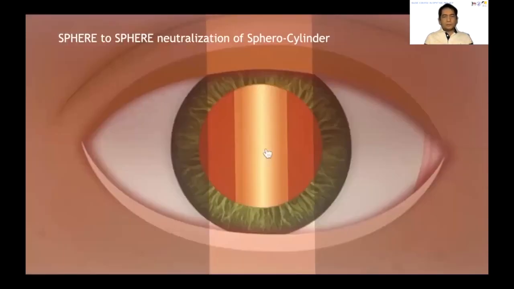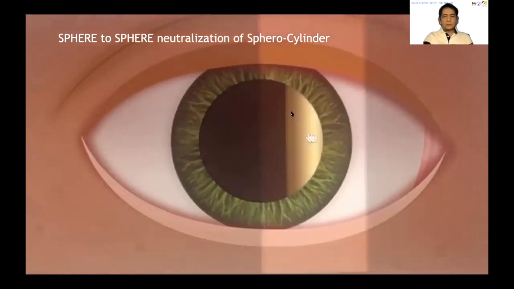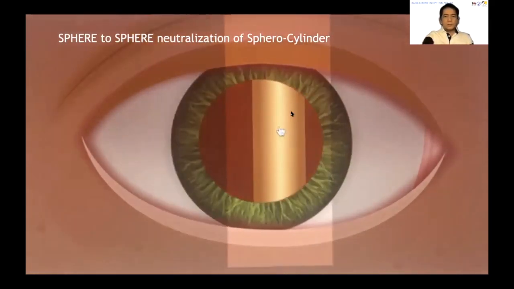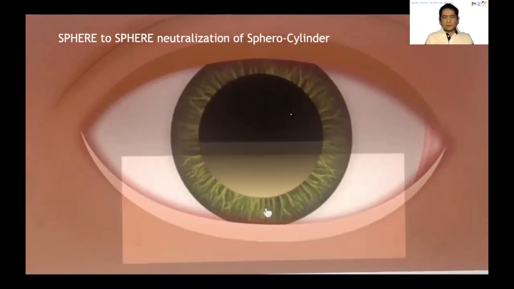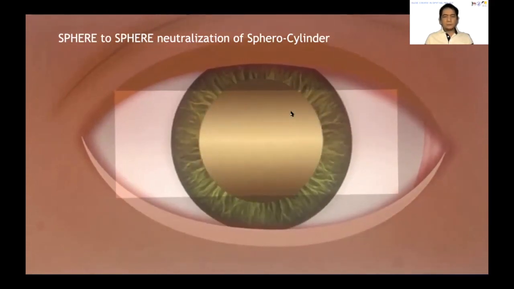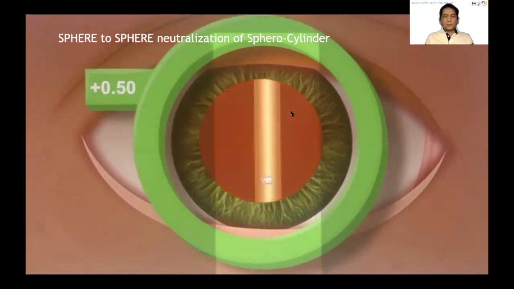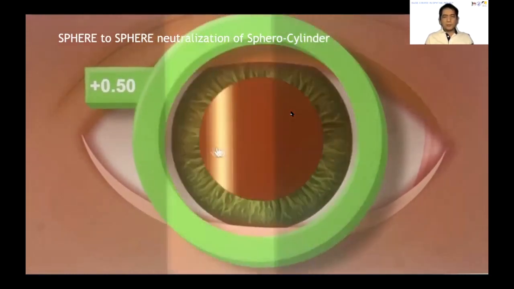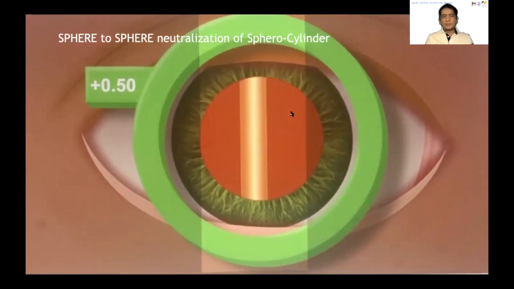Let me show you a video illustration of the sphere-to-sphere technique. Here, as you can see, the primary meridian is vertical and the secondary meridian is located horizontally. You neutralize the primary meridian first, being a with movement, with an increasing plus spherical lens.